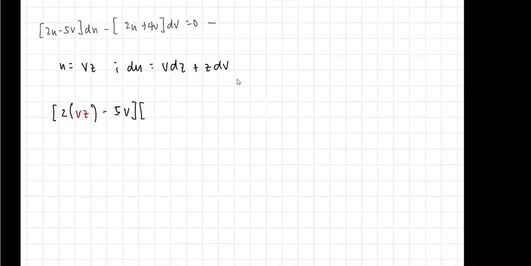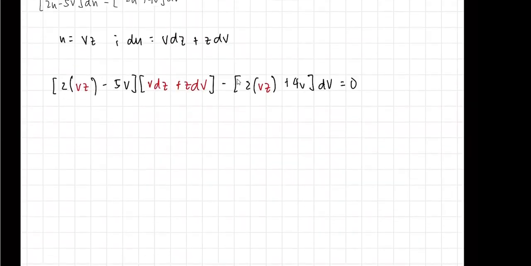Then du natin is v dz plus z dv minus 2 times vz plus 4v times dv. Okay, is equals to 0. Then we simplify. So ganun ulit, no?